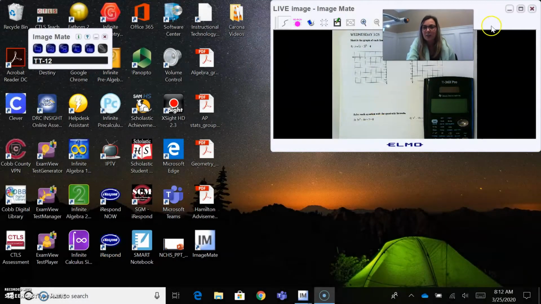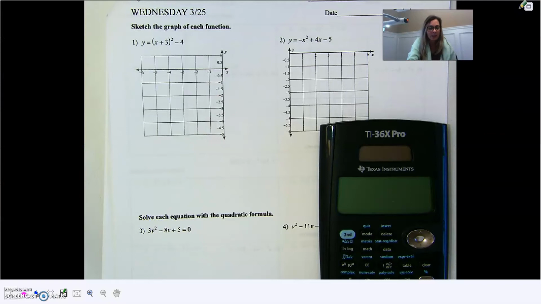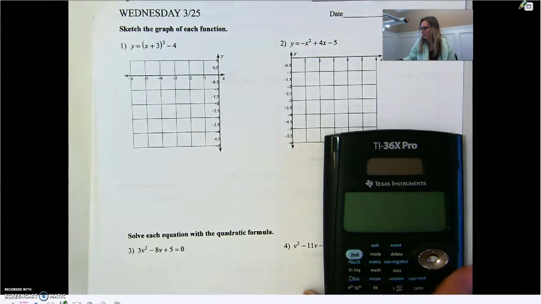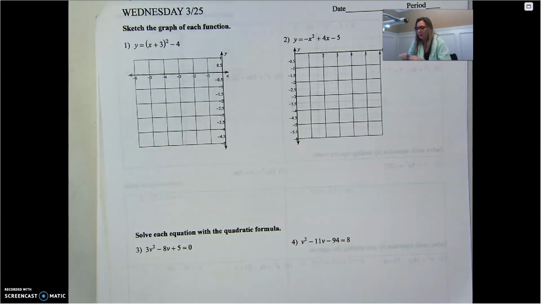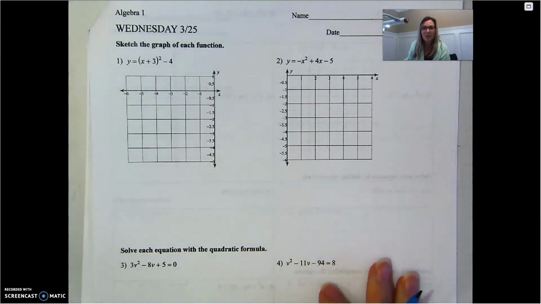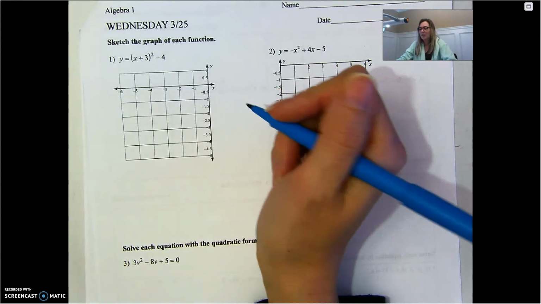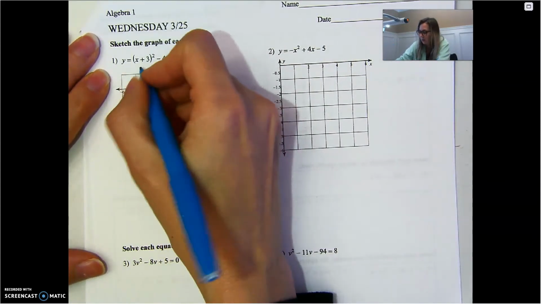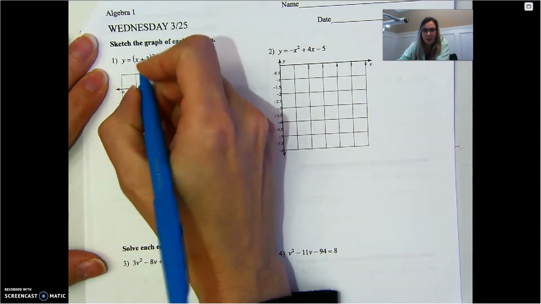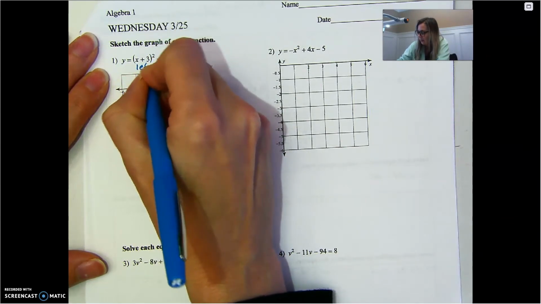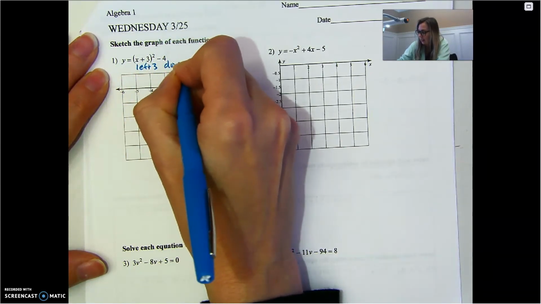All right, so let's look at this worksheet for today. Turn my morning music down. All right, so the first two, I'll just get you started on it and then you can check the answer key to make sure everything's good to go. This is vertex form, so just by looking at it, you can see which way to go. So this is left 3, down 4.